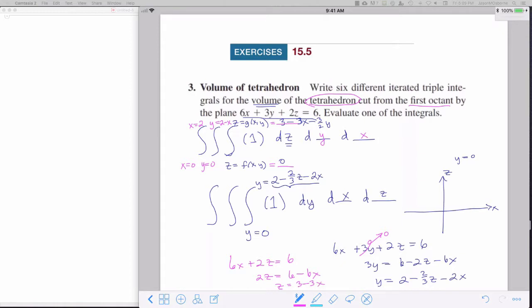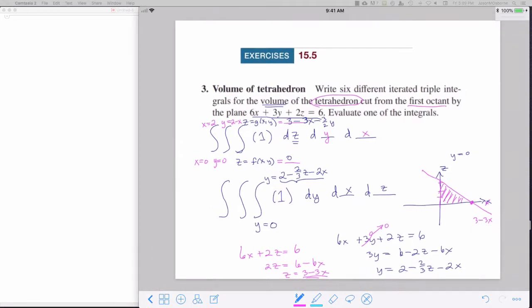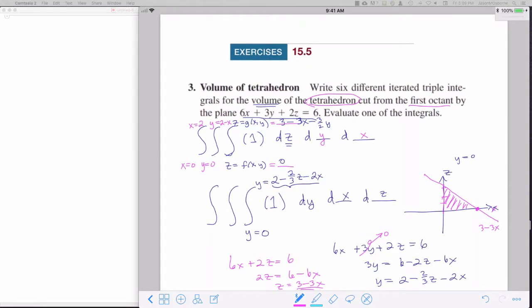So now you found z is a function of x, which crosses at 1 and 3, and then the line comes down, 3 minus 3x. This will be the region you're going to integrate over, this triangle, but it's in a different plane, the xz plane, which is kind of hard to see, but the algebra will work out.